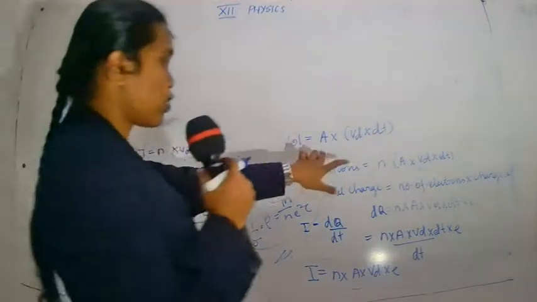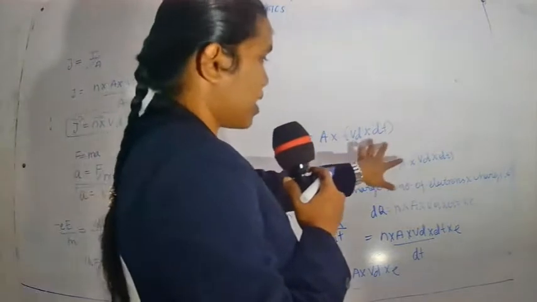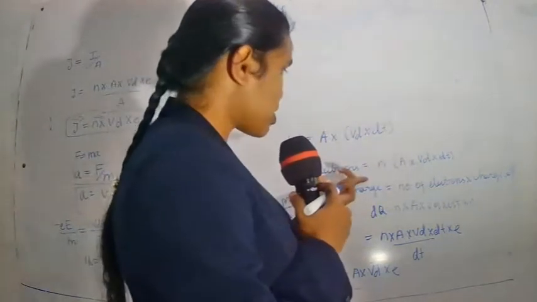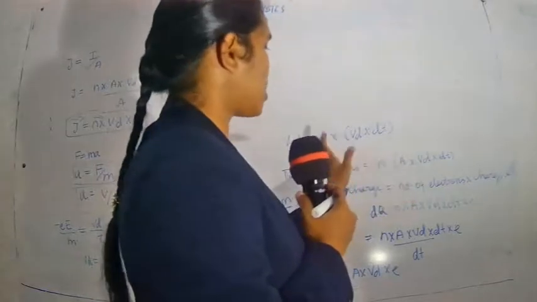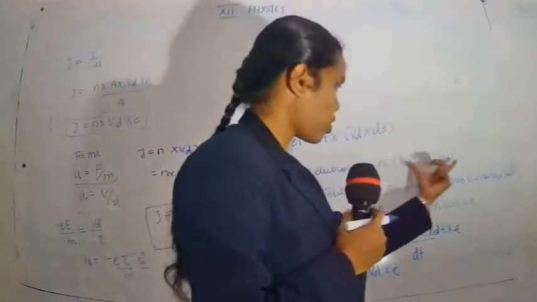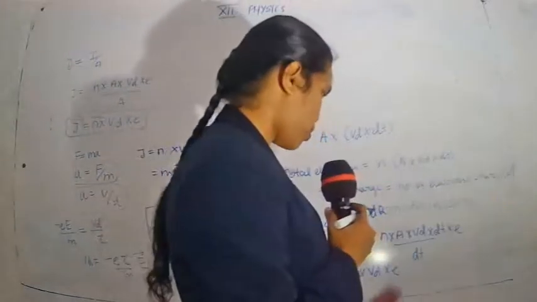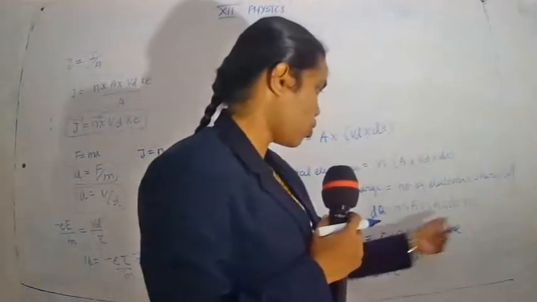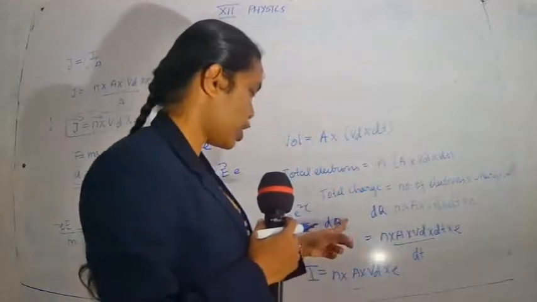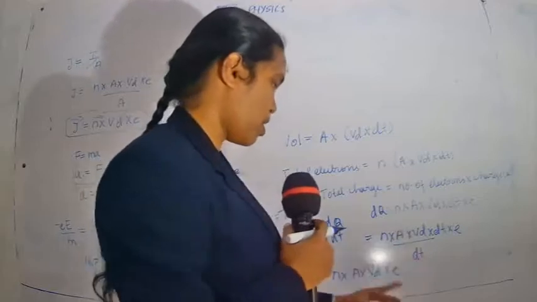Volume equal to area into dx. dx equal to Vd into dt. So total electrons n times the volume. Total charge is this whole value into the charge e, that is dq. Current is dq by dt. Apply and cancel.